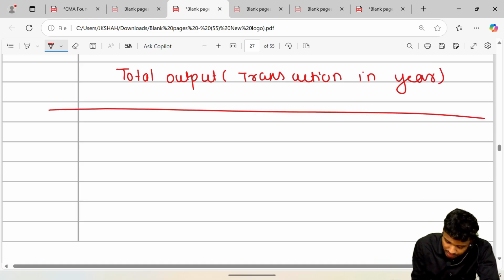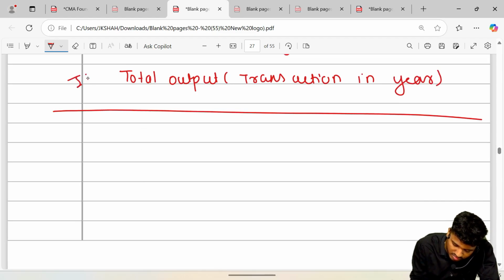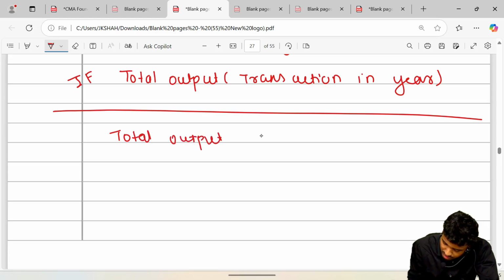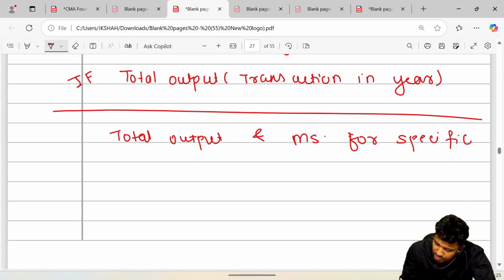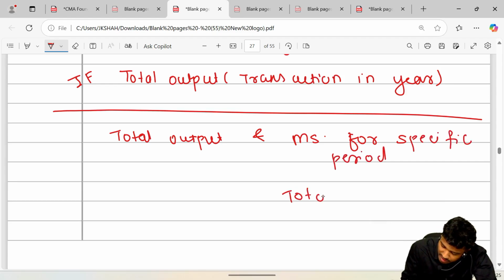And next, in the case of Cambridge, it was Irving Fisher's thing. He said total output and also money supply for a specific period. Now you tell me, if I wanted to calculate money supply for a specific period, I will take the total output for that period itself.